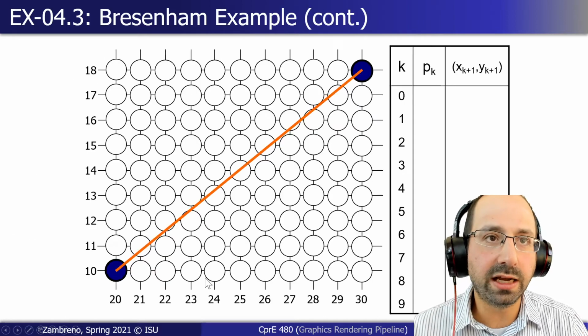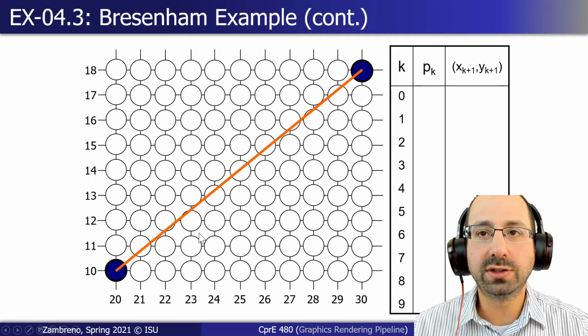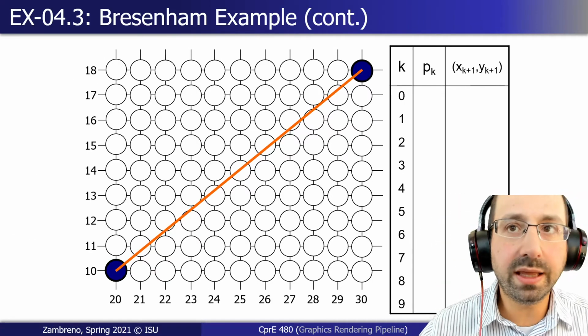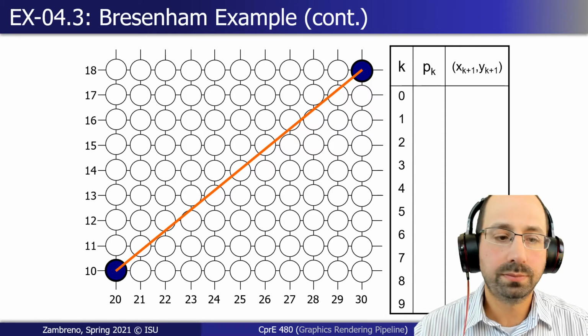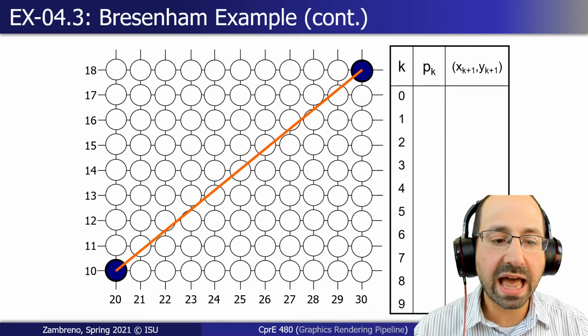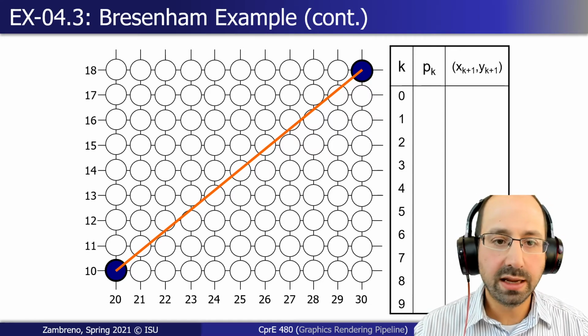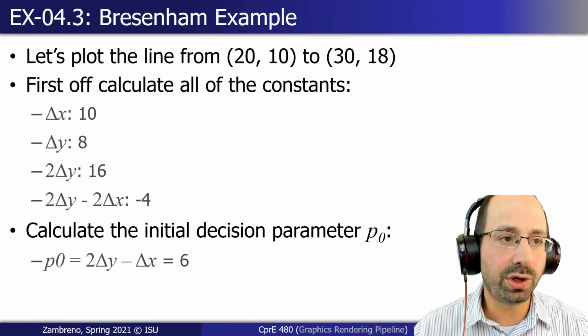Let's try to walk through it together. I won't split you into rooms to be able to do this. So here is our line for k equals 0. So for our initial point here, we have our values, and it might be easier to just write it on that slide.